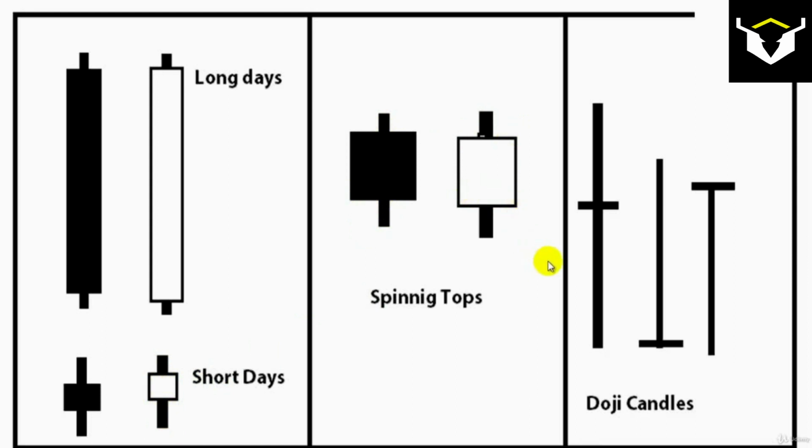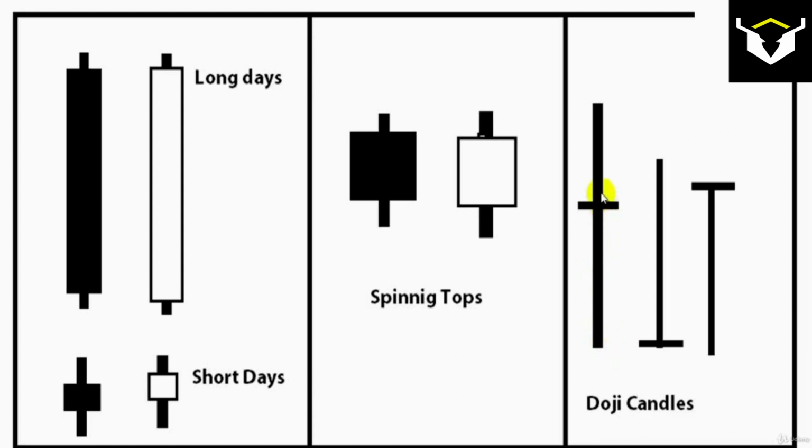Doji candlesticks have unchanged prices, open and close price. As a result, the body looks unchanged or congested, whereas they have larger shadows or high and low prices, suggesting to us that the market is severely undecided, or extremely undecided.